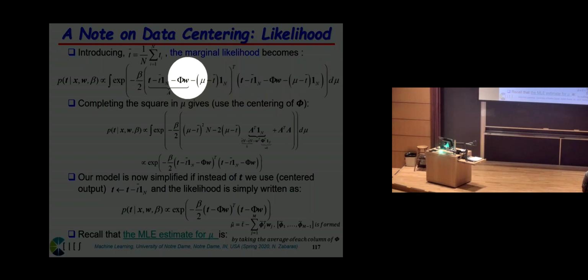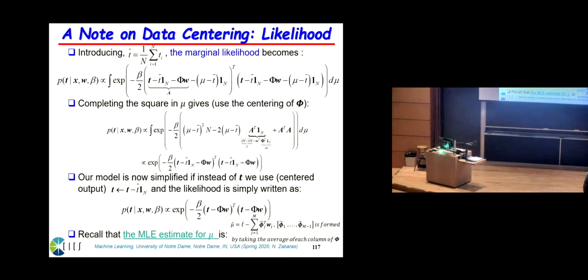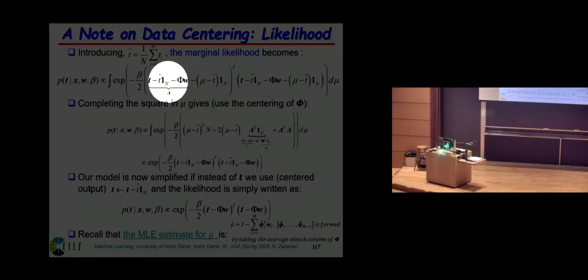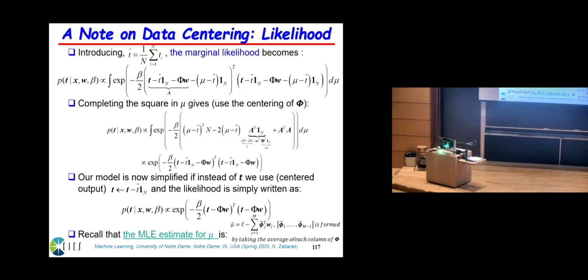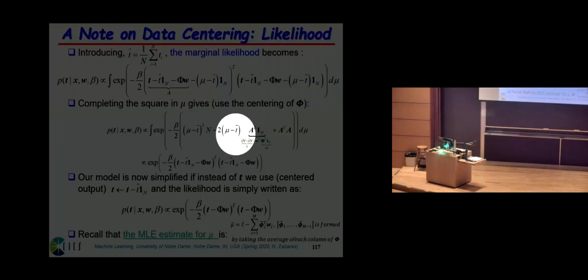And then I subtracted and added this T bar times 1n. 1n is a unit vector that has all ones, of dimension n. So if you call this vector here A, you're going to have A minus this and A minus that. And if you do the calculation with the transpose, one of the terms disappears.